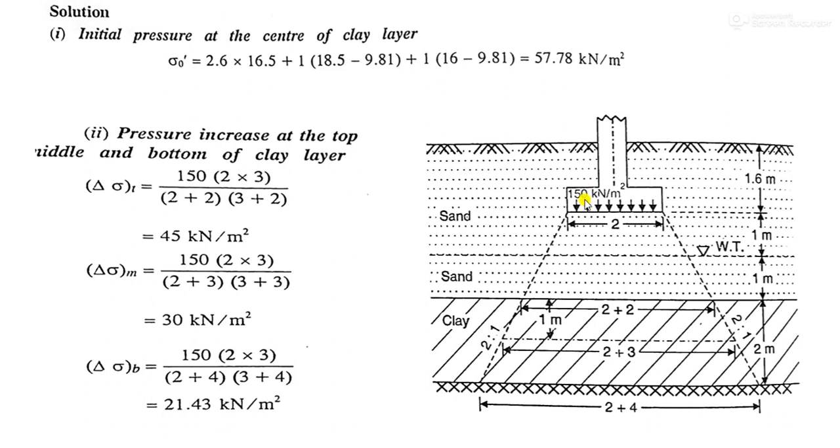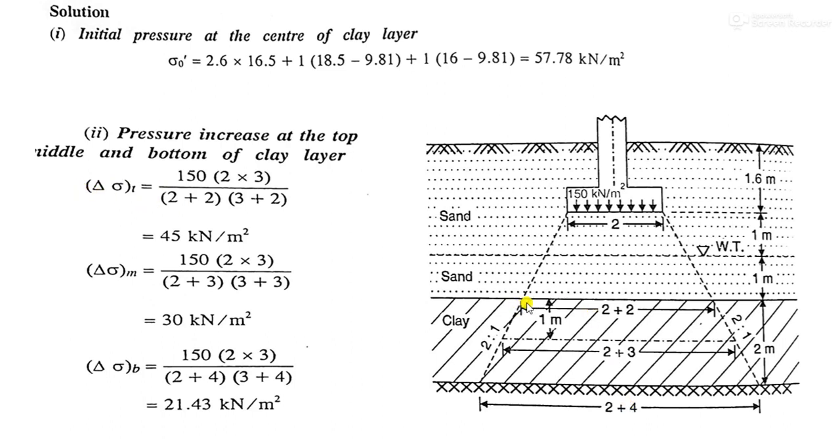This is the pressure increment from the footing, that is 150 into 2 into 3. 2 into 3 is the area of the footing. This is the actual load, divided by 2 plus 2. 2 plus 2 means, because this slope is 2 vertical to 1 horizontal, 1 is horizontal and 2 is vertical. So this is the top portion of the clay.